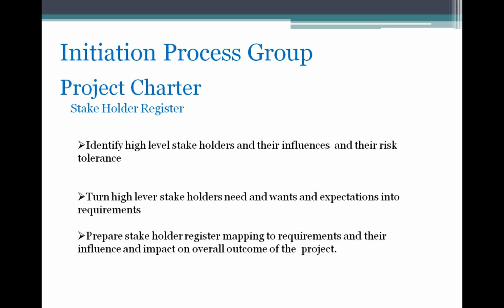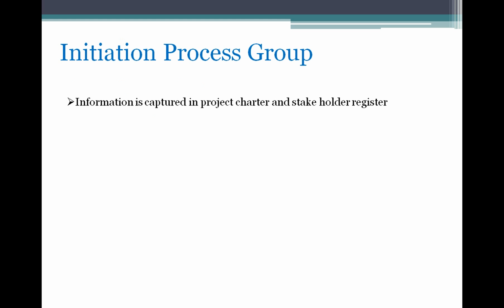The initiation process group will have a high level stakeholder register with all the high level key stakeholders, their requirements mapped to each stakeholder, their impact and influence on the project, and all communication management for the stakeholders documented. This information is captured in the project charter and stakeholder register, and then we get approval and finalize the project charter.